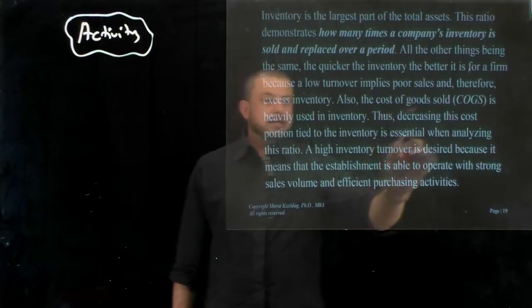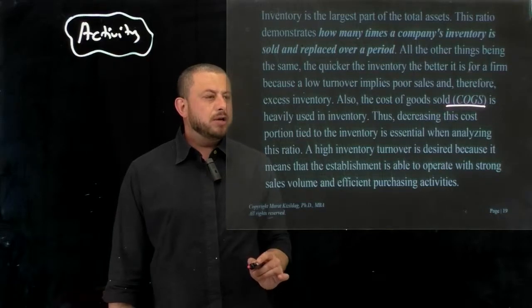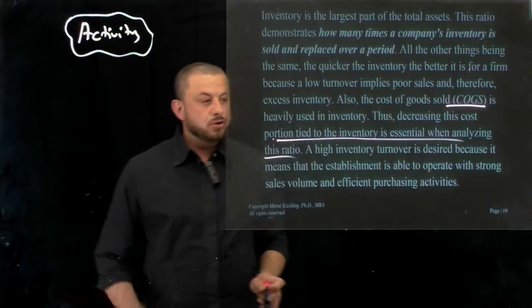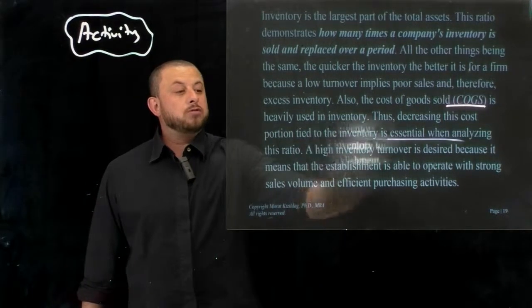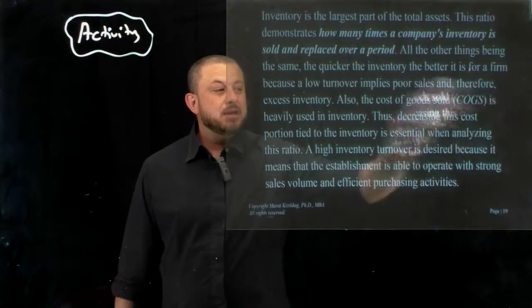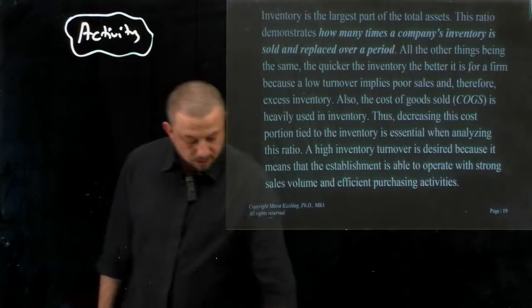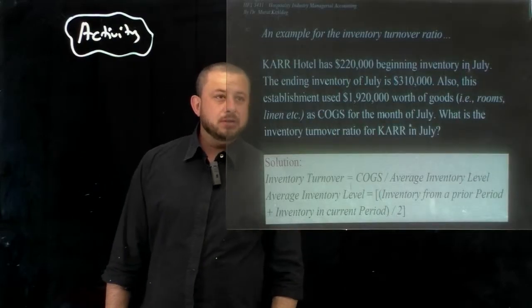Cost of goods sold is heavily used in inventory calculations, okay? Decreasing this cost portion tied to inventory is essential when analyzing this ratio. So decreasing cost of goods sold also shows careful inventory management, what's in and out, because it will increase your turnover values as well, which is financially beneficial to the companies.